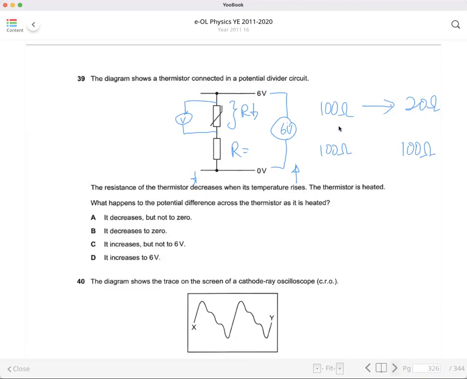Can you see down here? The total is 200 ohm, correct? So this takes up half the voltage. Now, the total resistance is 120 ohm. So now this will take up 1/6 of the voltage. So half the voltage to 1/6, is it an increase or decrease?